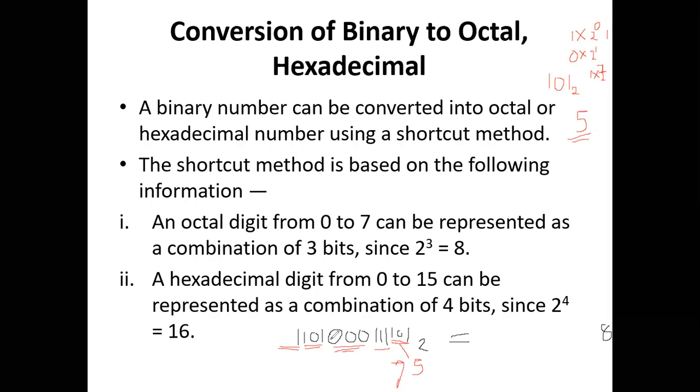Then this number will give you 0. All that I'm doing is converting, getting their position value, similar to what I did here. Then this one is a 5. Then this one will be a 1. So it will be 15075 in base 8.